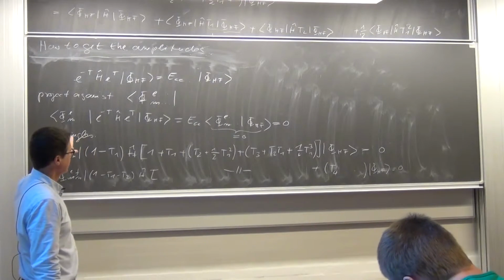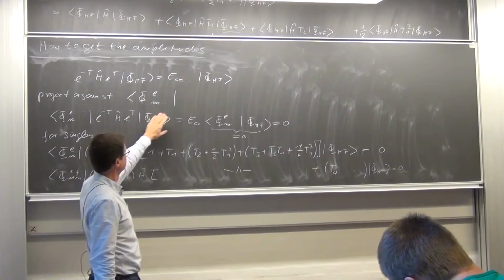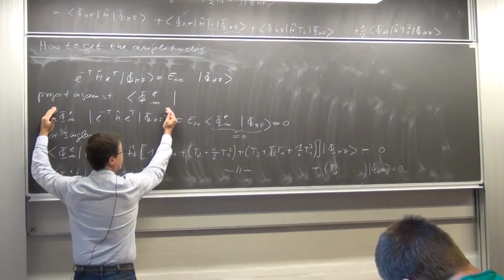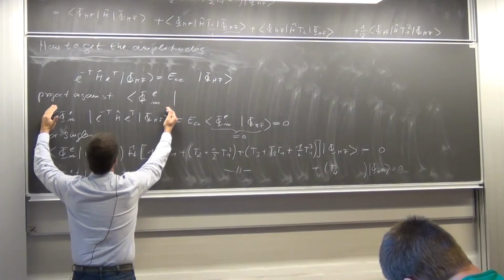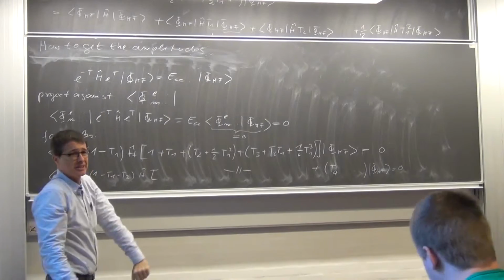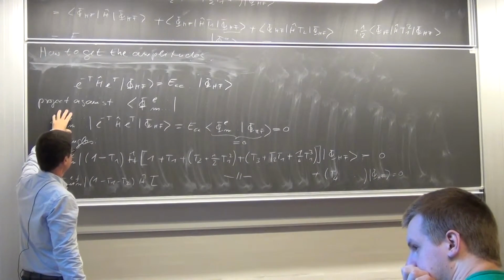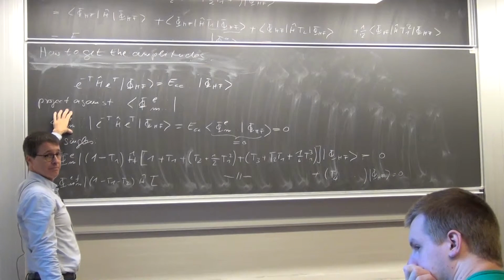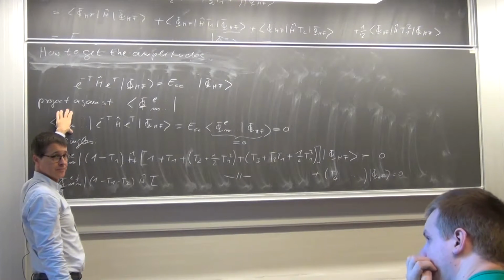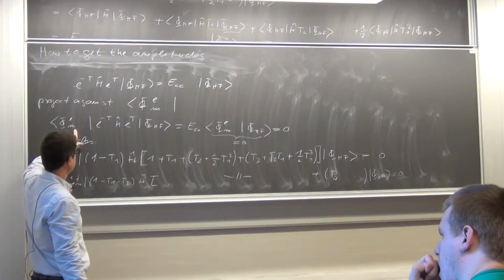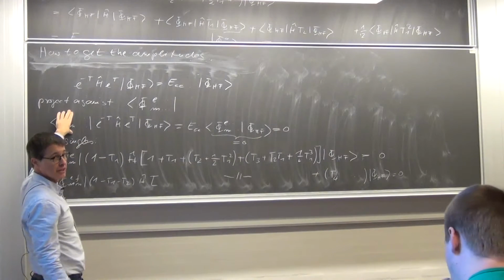But up here, I have this thing here, which, I take the original Schrödinger equation and I project the Schrödinger equation against a particular determinant. Because this is just a determinant, there's no coefficient in there.